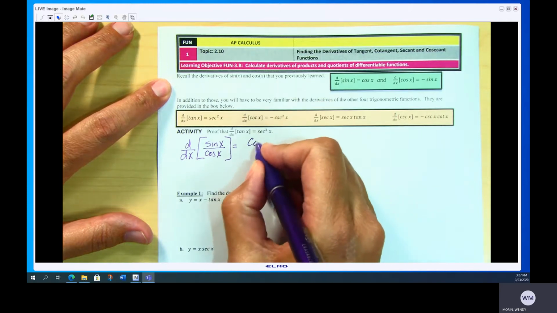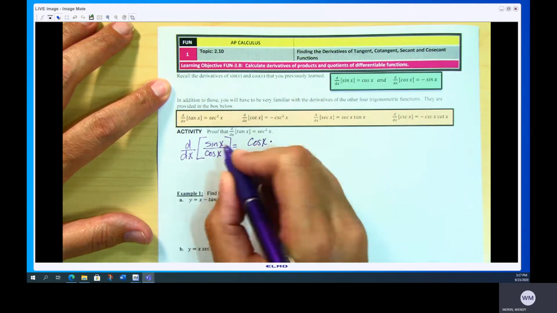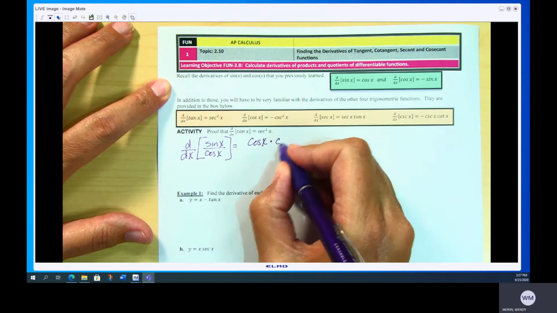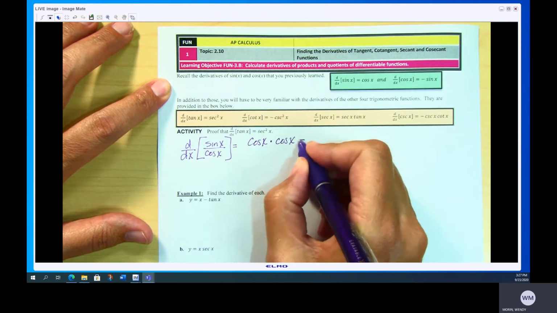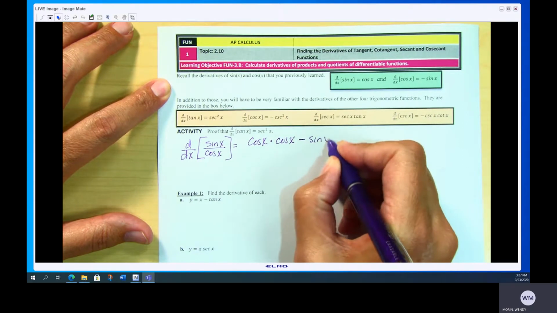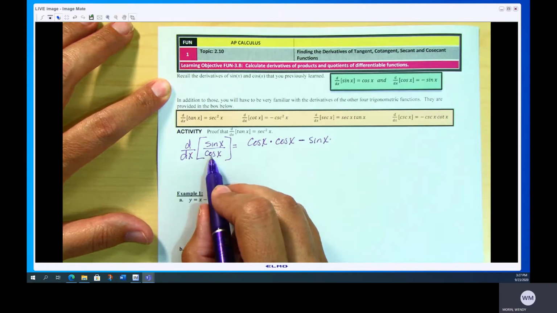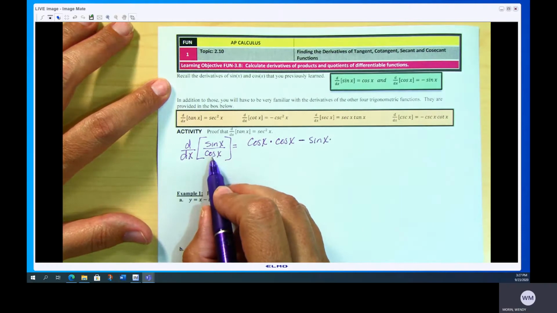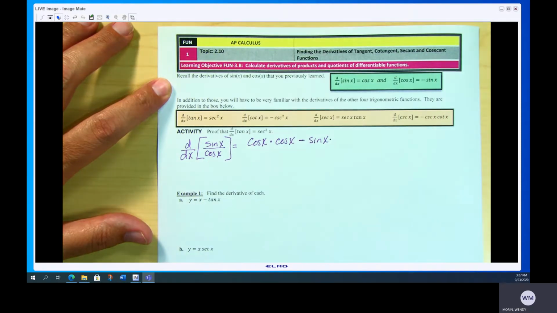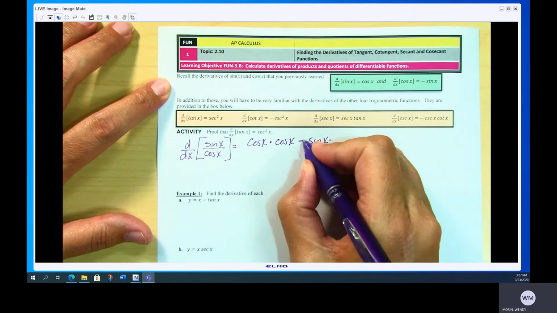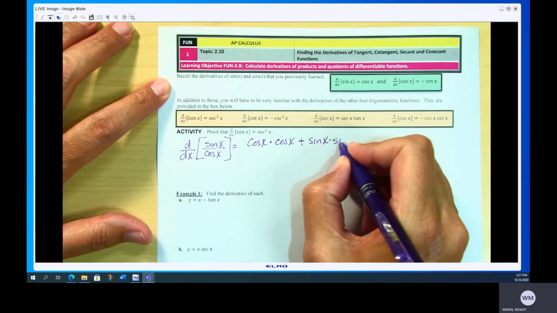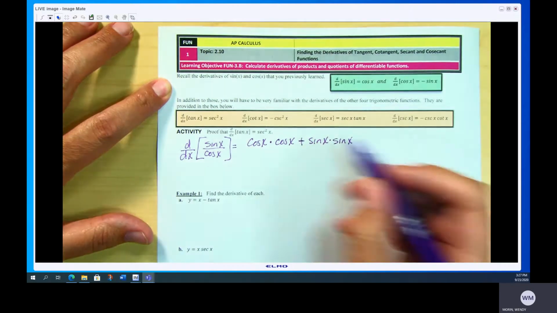So it's the bottom times the derivative of the top, minus the top times the derivative of the bottom. And the derivative of the bottom is negative sine. So that makes that a plus sine x.